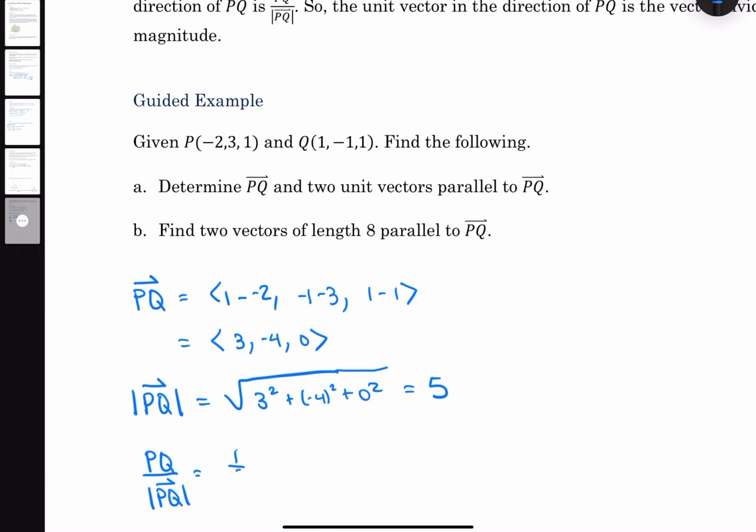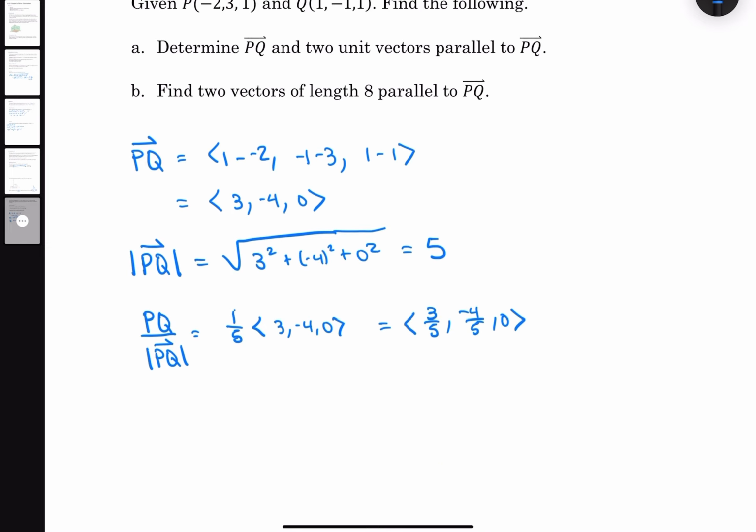That's effectively having 1/5 times 3, -4, 0, which produces one vector that is 3/5, -4/5, and 0. The other vector that we could have is negative vector PQ, I'm sorry, I should put the arrow.